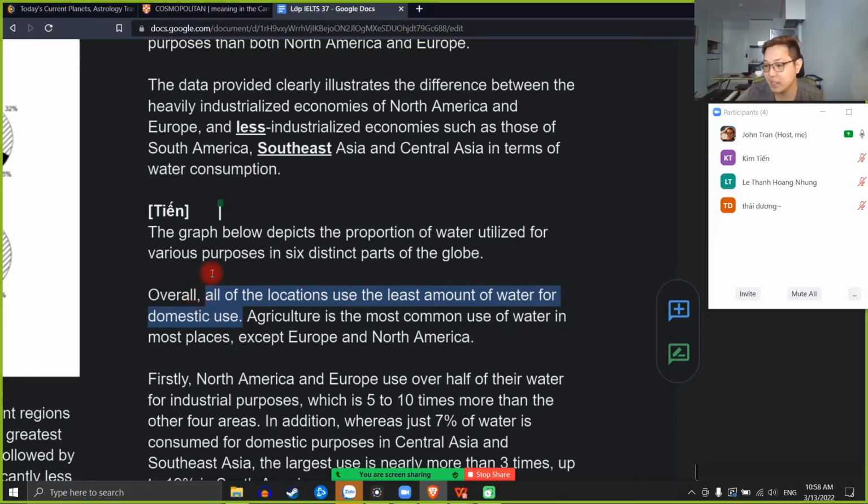So how can we change this one? Thì mình sửa câu này làm sao nào tiếp? Try to... Okay, open your microphone please. Bật mic lên các bạn. Okay, Miss Tiến, how can you change this one then? The location used. Say again? Almost.